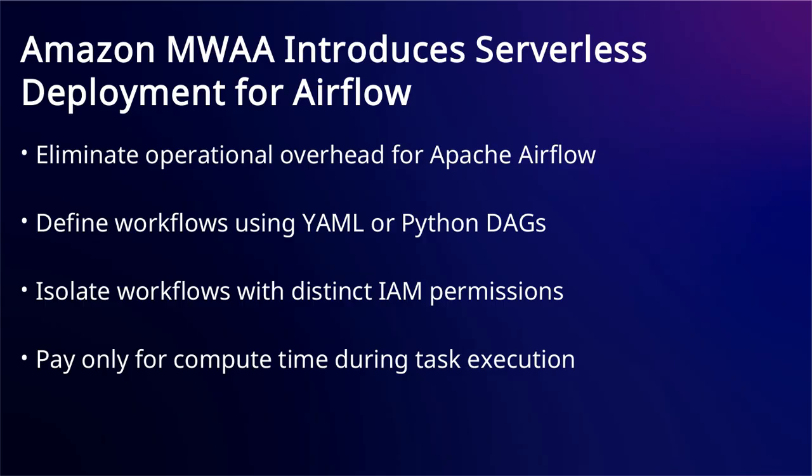Each workflow runs in isolation with distinct IAM permissions, enhancing security. The service automatically handles infrastructure scaling, and you only pay for compute time used during task execution. This serverless option simplifies management, improves cost efficiency, and enhances security for Apache Airflow workflows.